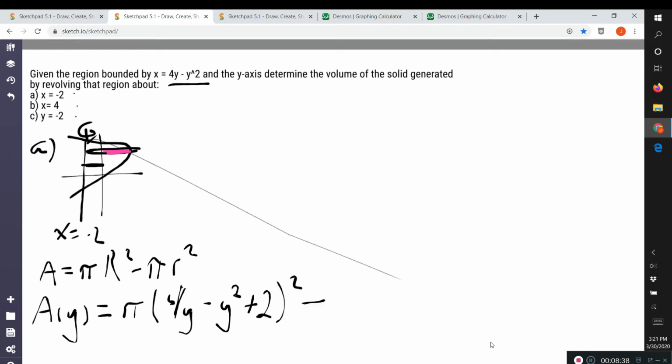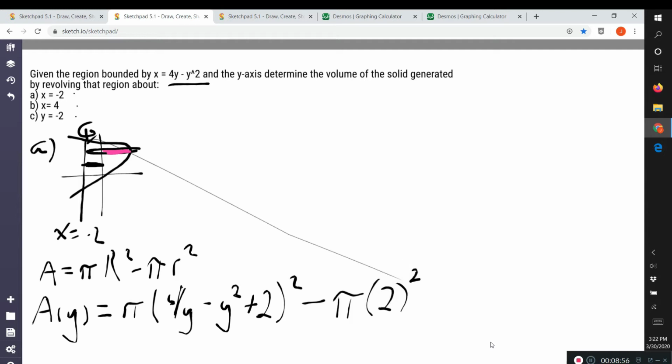Now our little radius is easy. Our little radius is this right here, and it is never changing. It's just the distance of 2. Remember though that it is squared.